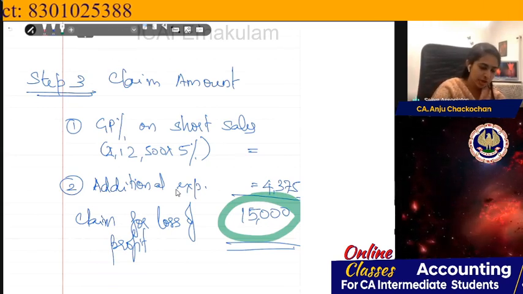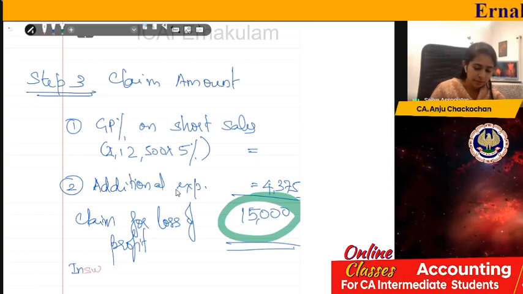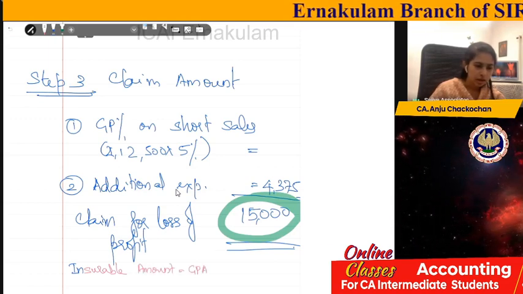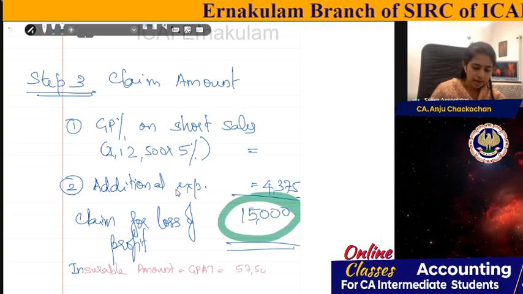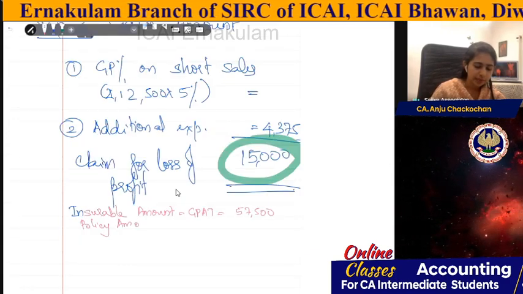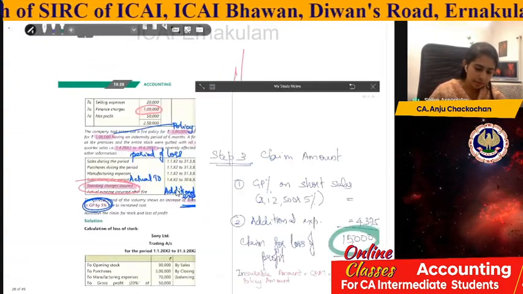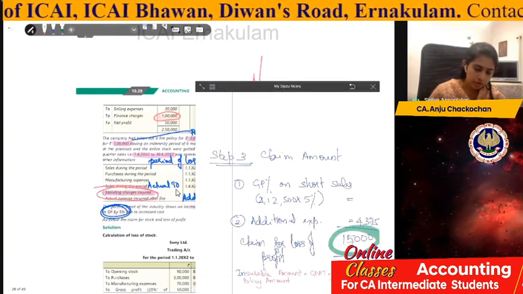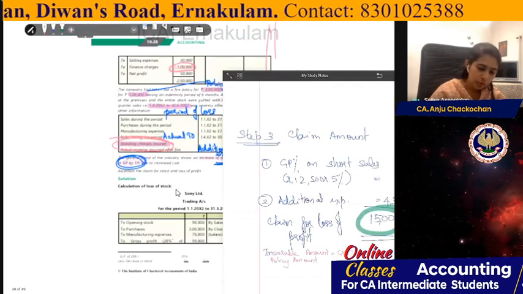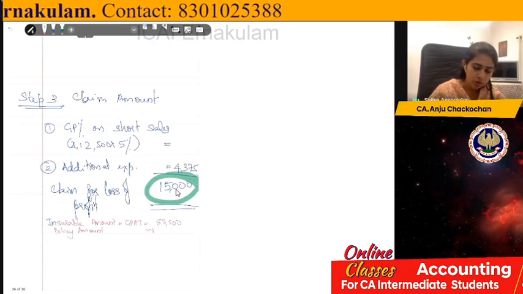Because the insurable amount, which is nothing but the GP, is 57,500, whereas the policy amount, how much is the policy amount? We have marked it yesterday. It was 1 lakh. We did that in yesterday's question. So policy amount was 1 lakh.